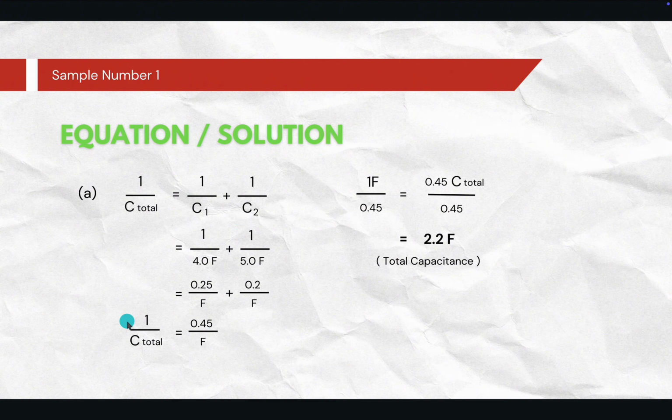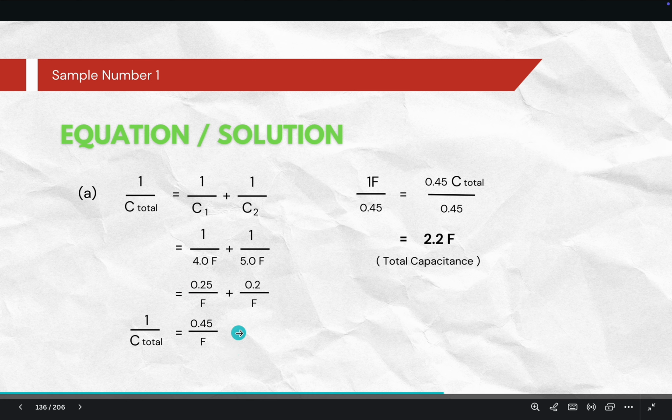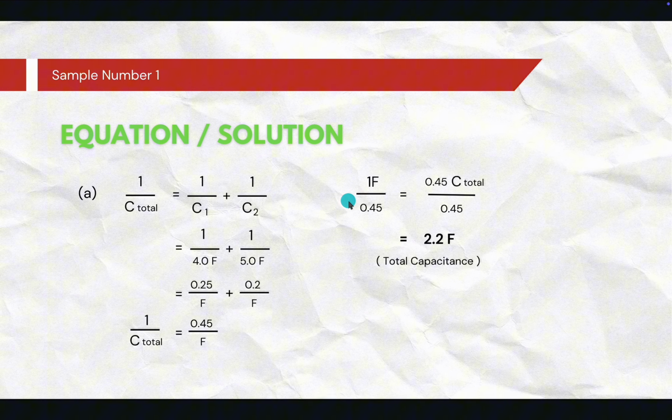And then, i-add natin yung 0.25 plus 0.2, magiging 0.45. Hindi pa yun nagtatapos. To get the total capacitance of the series, 1 over 0.45, magiging 2.2 F. So, yan na yung total capacitance ng series natin.